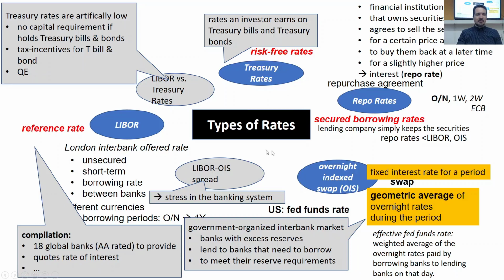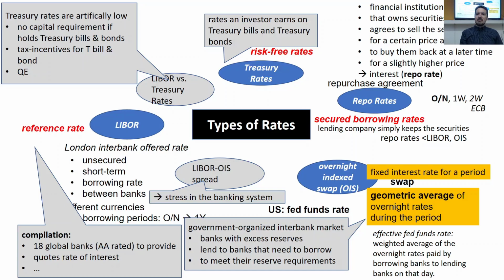So practically, if we have to define the different things, then, last thing, repo rates. Obviously repo rates are also secured borrowing rates. It means that I already have the security, so the bond, and I will sell it to another bank, and after that I will buy it back at a defined time period at a defined price, and the price difference of the sales and buyback price will represent the interest of the loan.